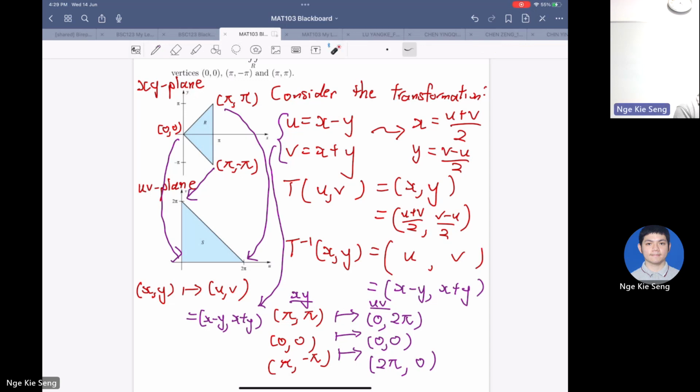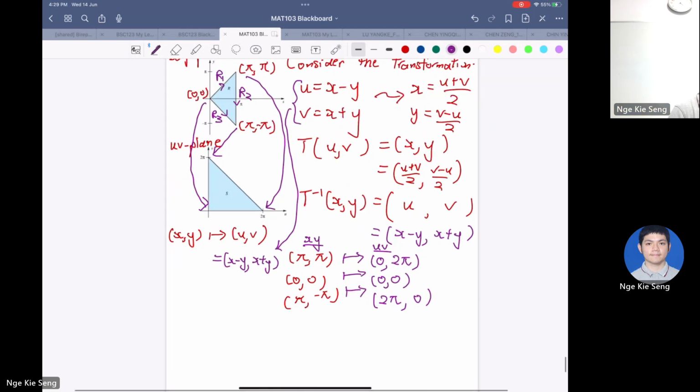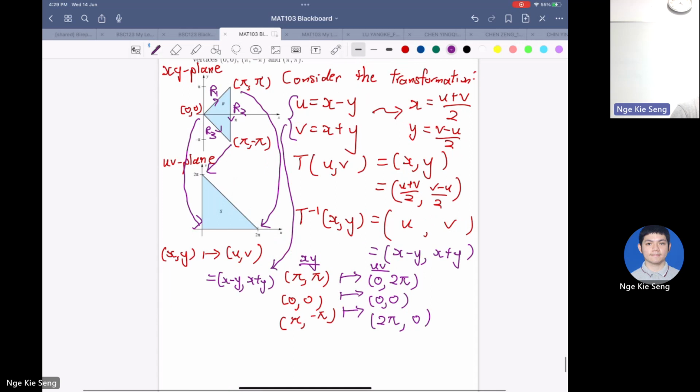Next we need to figure out what happened to these lines. Let's call them R1, R2, and R3. So what happened to R1?